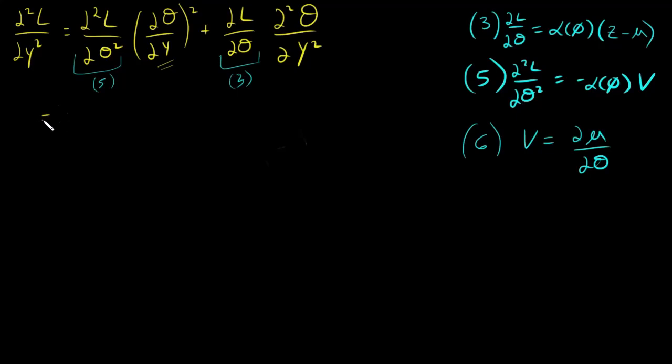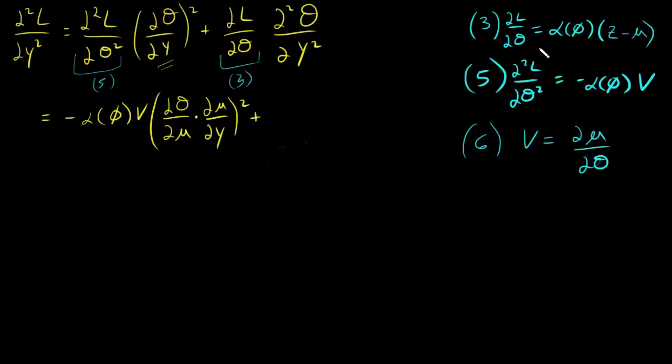So I'm going to plug in equation 5, so I'll have negative alpha of phi times v, and then d theta, d mu, d y. You see I've just used chain rule, and the d mu's cancel, so I'm left with what's there. I haven't actually done anything other than use chain rule.